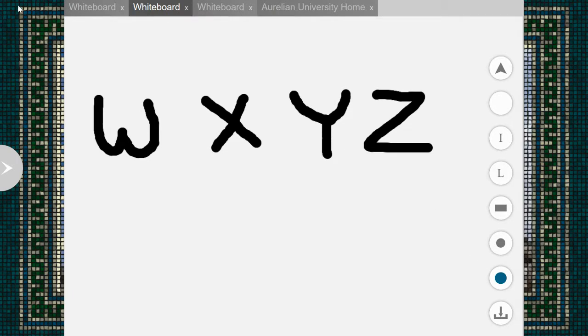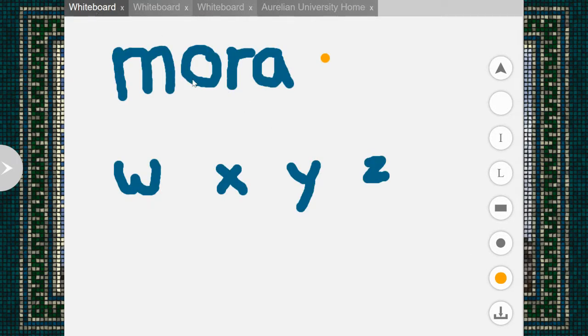So here's what happens. We'll come over here and we'll talk about morae first. A mora is a unit of a short vowel. So a short vowel has one mora and a long vowel will have two. And we have, again, a word with 4 syllables, W, X, Y, and Z. And we talk about sorts of accents.